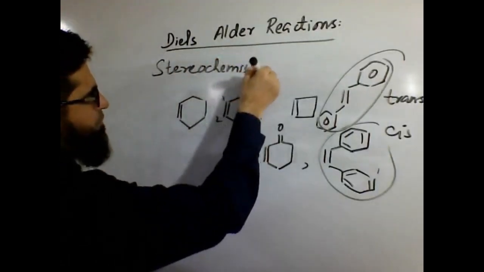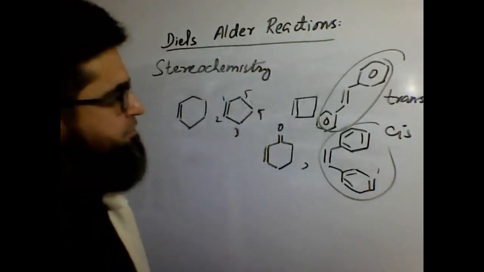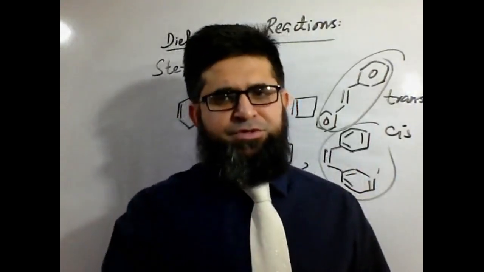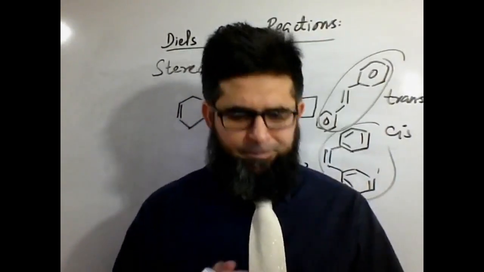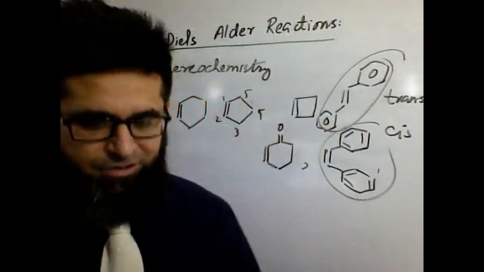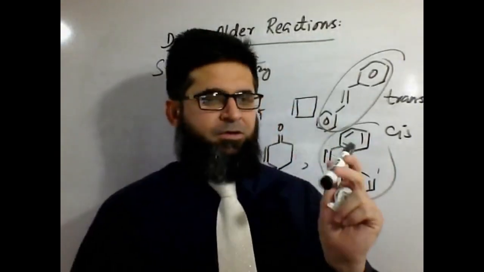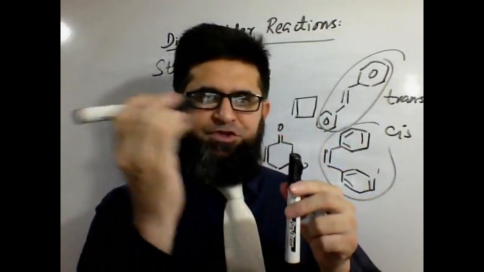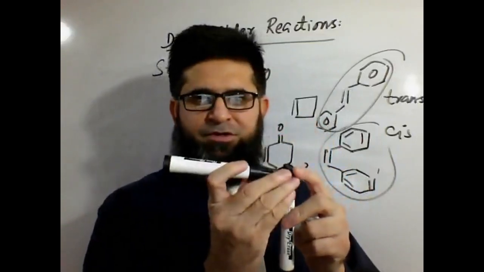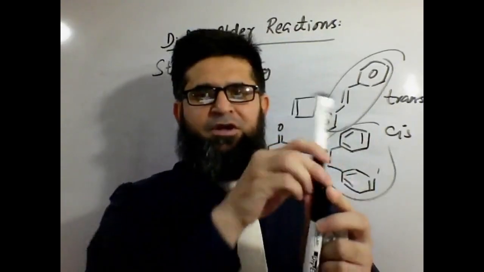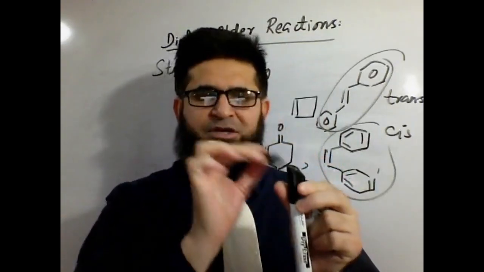The presence of substituents in space, that's called stereoisomerism. Let's say this is a carbon. A substituent is attached to this one. It could be on the left or it could be on the right. But the substituent is on the same carbon.